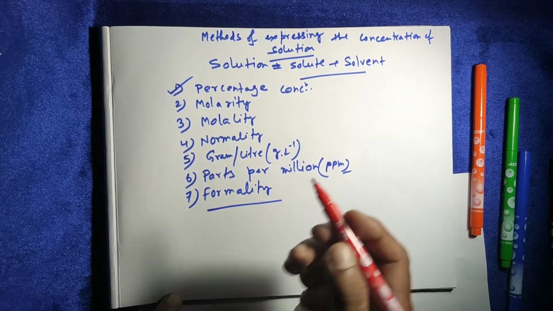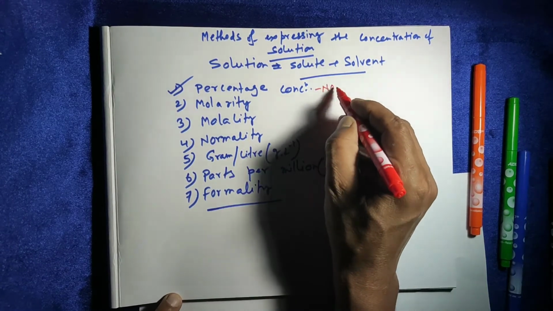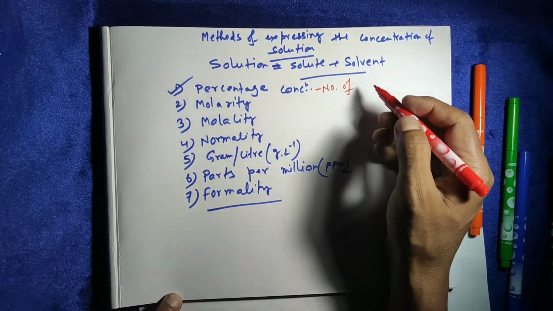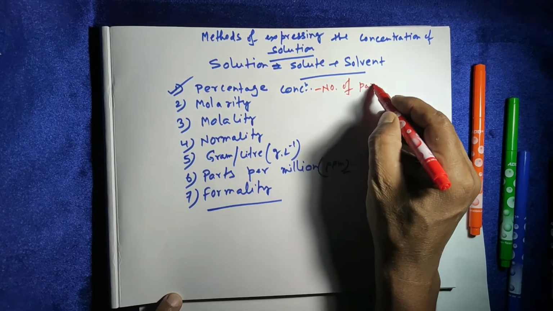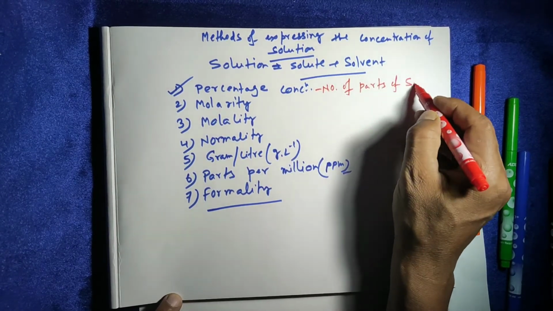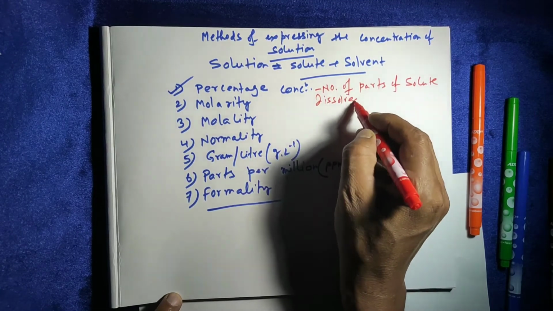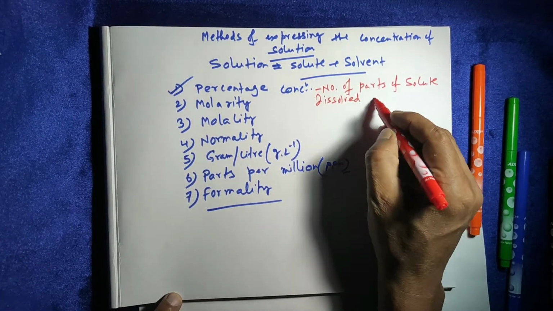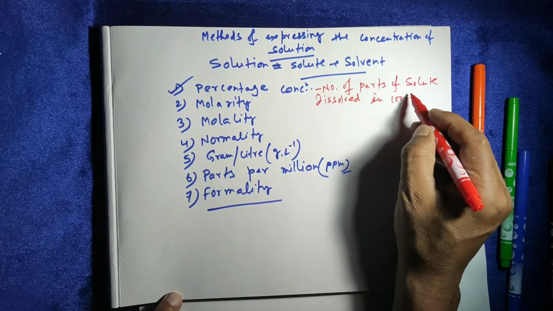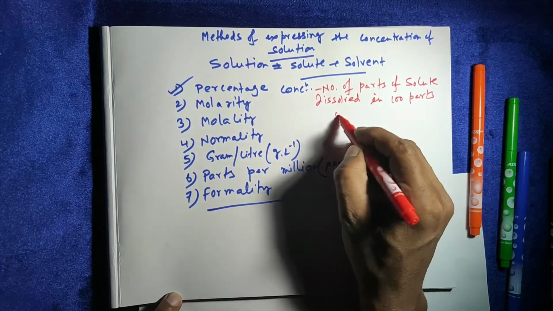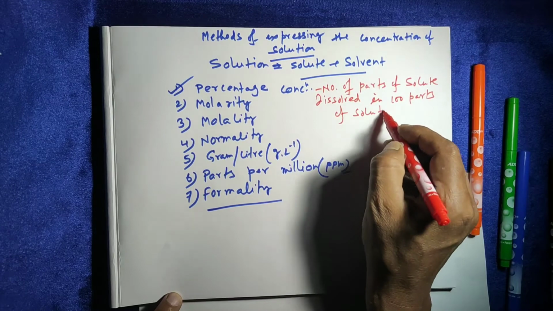So this is basically the number of parts of solute dissolved in 100 parts of solution.